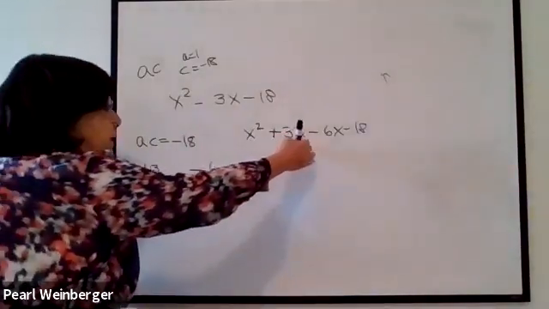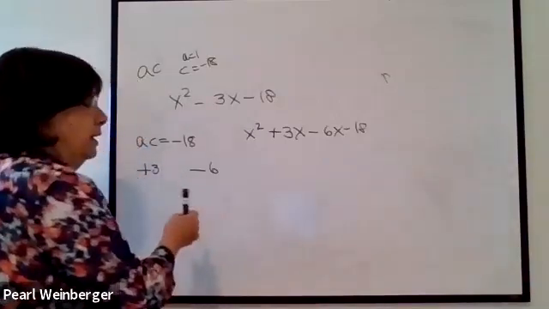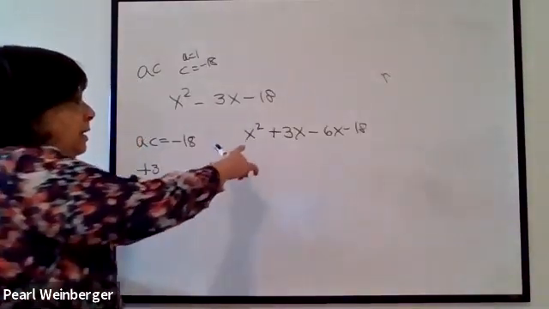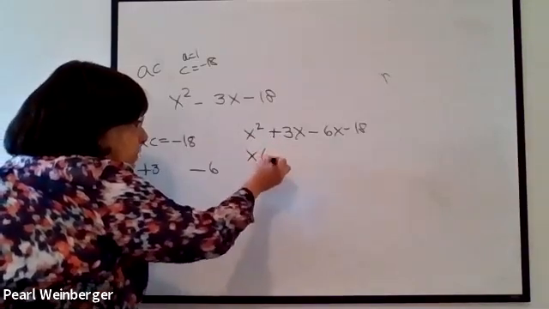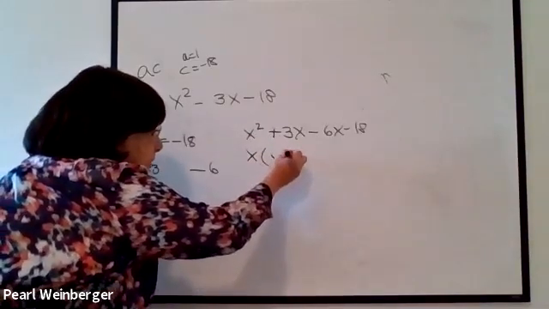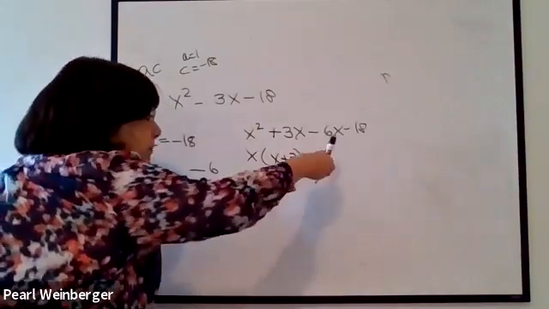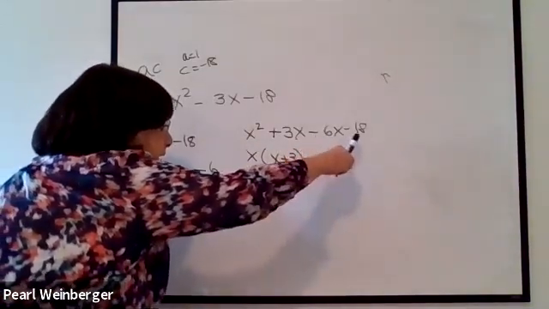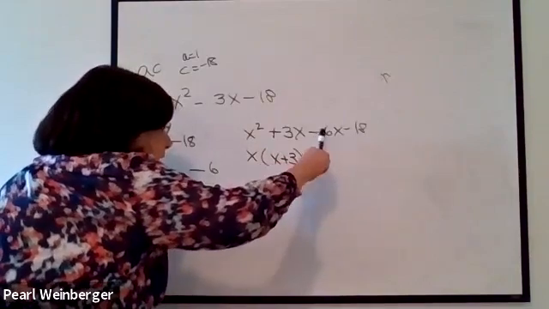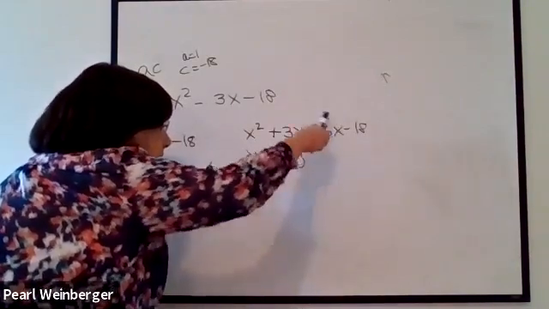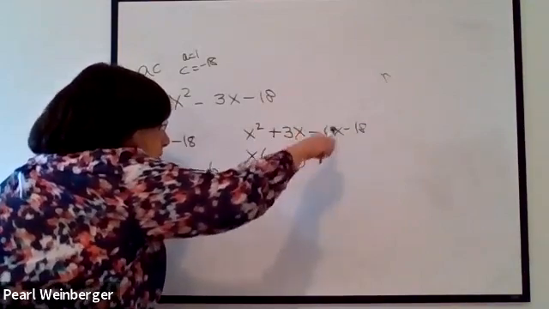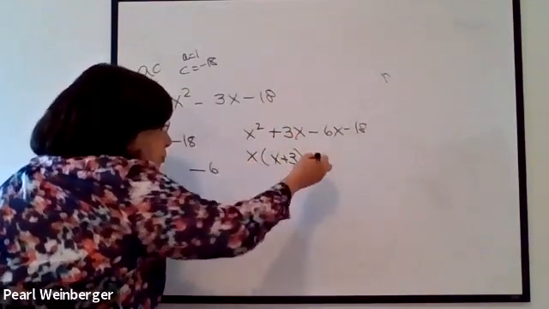So now I can do my grouping. In my first group, I have an x as a common factor. So I do x times x plus 3. In my second group, I have a 6 as a common factor, but actually a negative 6 because the first term of that second group is negative.